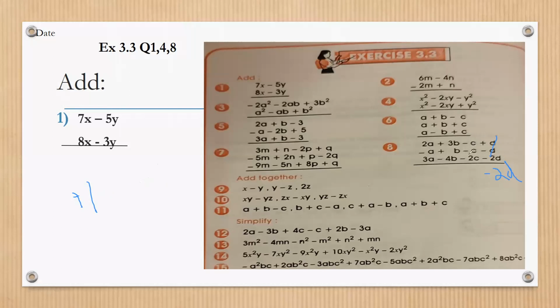Now what about the c's: -2, -1, and -1. -2 -1 -1 gives you the answer -4c. Hema, very good, it gives you the answer -4c, not +4. Someone said +4 earlier. -4c.